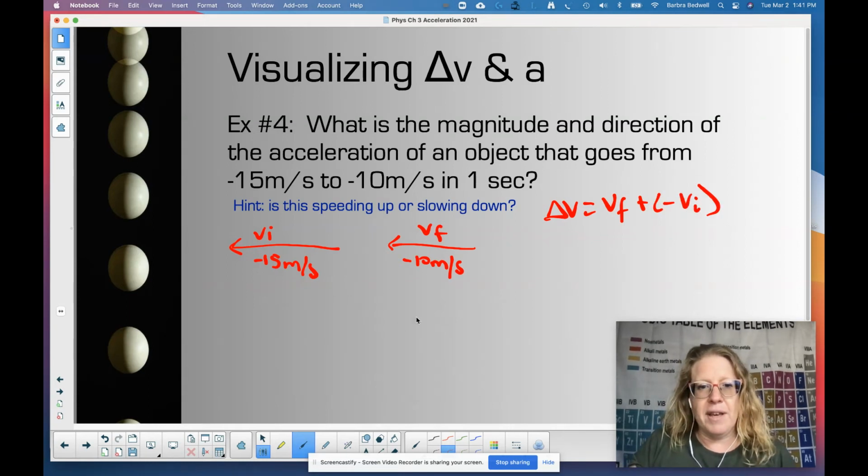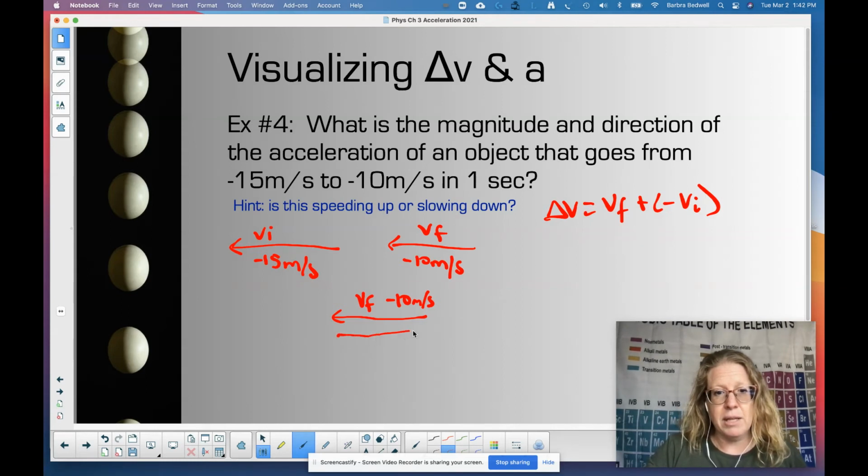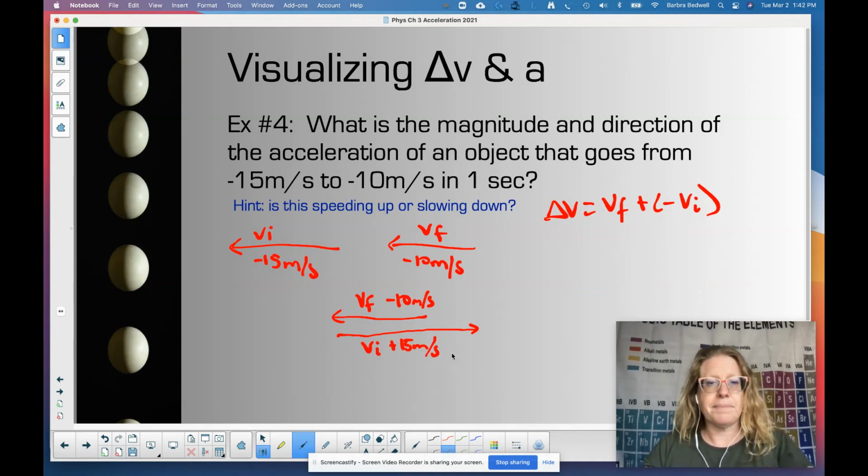So I draw VF first, and again, -10 meters per second. Then I draw my VI tip to tail facing the opposite direction. So now I go VI this way, and it's 15. So there's VI, and this is plus 15 meters per second.